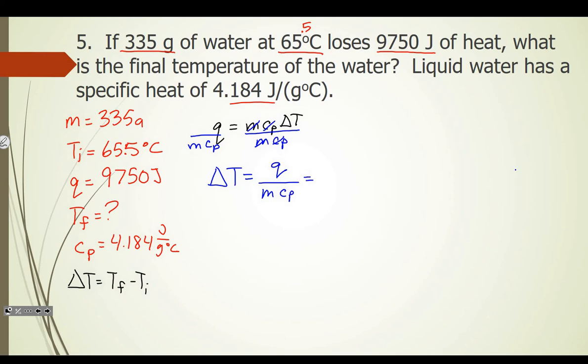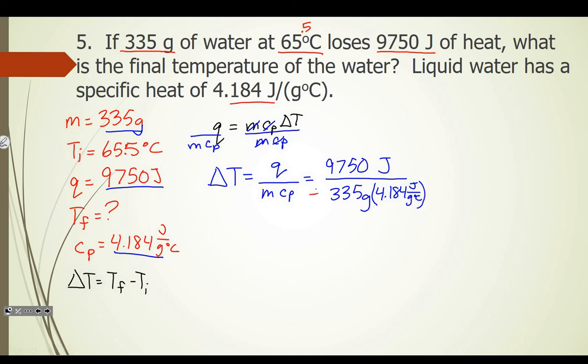And I can come over here and I've got Q, and I've got M, and I've got CP that I can plug in. So I plug them in. 9750 joules divided by mass was 335 grams. That's a G, by the way. That got erased. Times 4.184 joules divided by gram degrees Celsius.